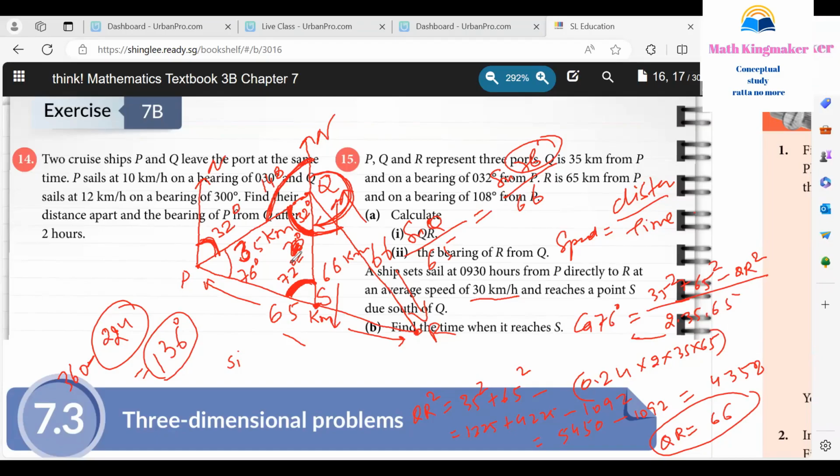It will be good if you convert this 30 kilometers per hour into kilometers per minute. Or you first find out the time, then multiply it by 60. So it will be in minutes. Your time will be in hours, so you have to multiply it by 60, then we'll get it in minutes.